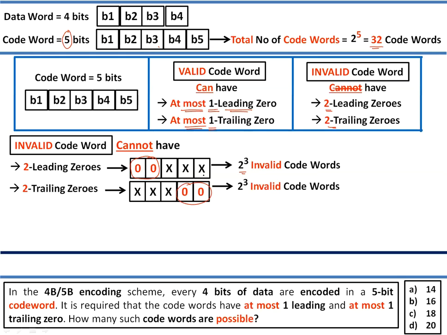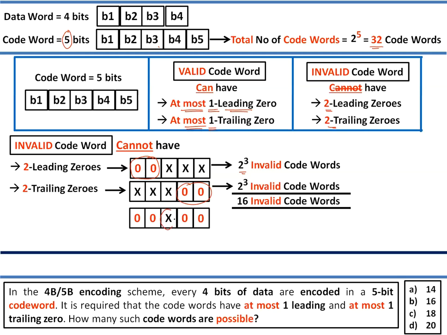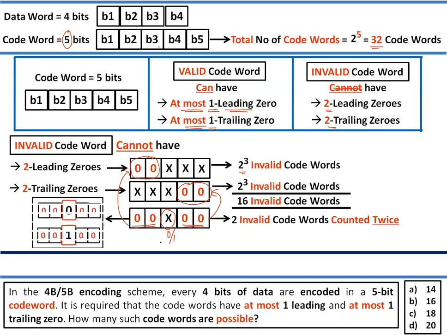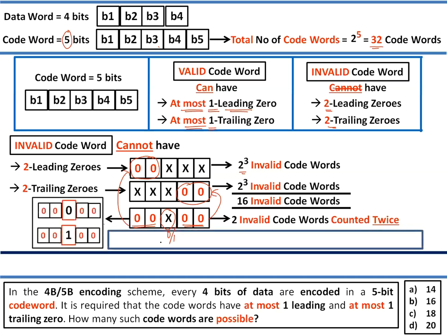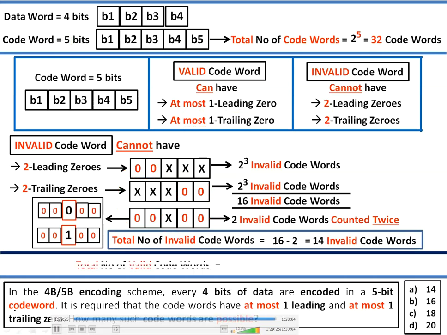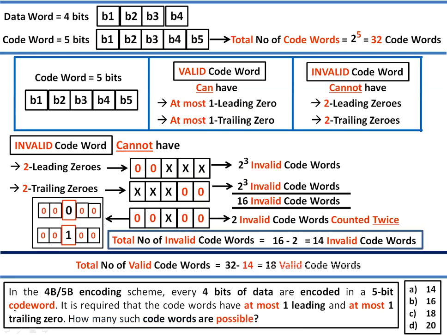But the sum is 16, out of which some are counted twice. Here I identified it, and here I also included it. So two invalid code words are counted twice: one will be 00000, the other will be 00100 type. So the total number of invalid code words will be 14, guys. So valid code words will be 32 minus 14, that is 18, guys.